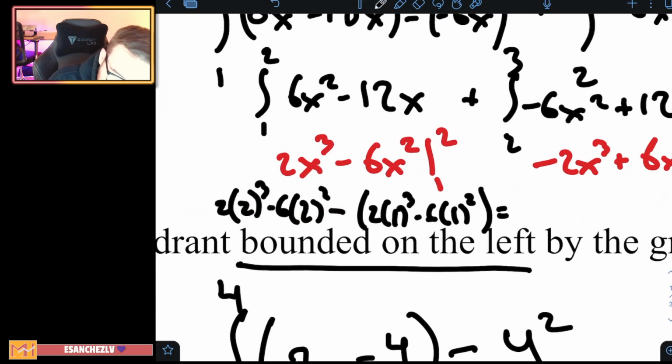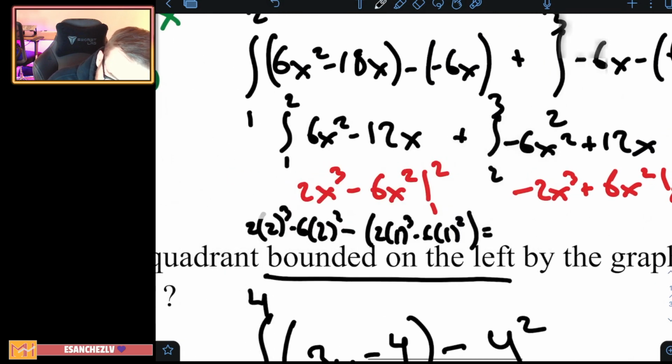Let's see how much we can do in our head. 2 cubed is 8 times the 2 is 16, minus 2 squared is 4 times the 6 is 24. So 16 minus 24 is negative 8. Minus, 1 cubed is 1 times 2 is 2, minus this is simply 6.